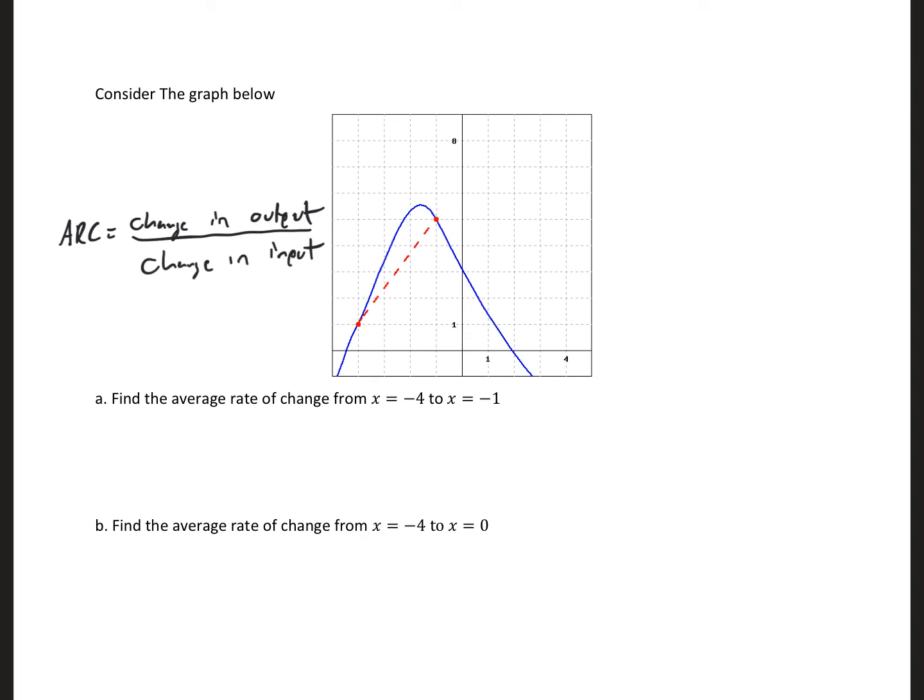We want to find the average rate of change from x equals negative 4 to x equals negative 1. When x equals negative 4, let's find the corresponding output. Here is the point when x equals negative 4. When x equals negative 4, the output value is 1.